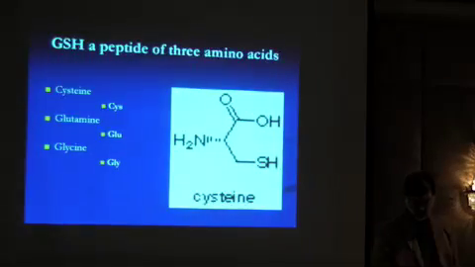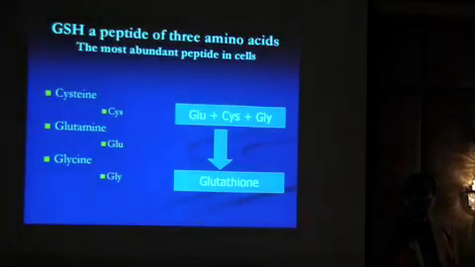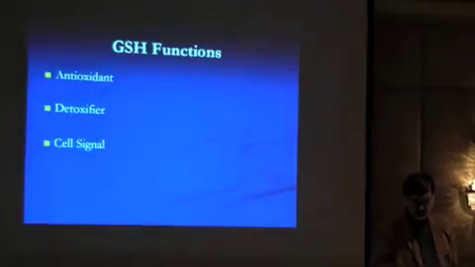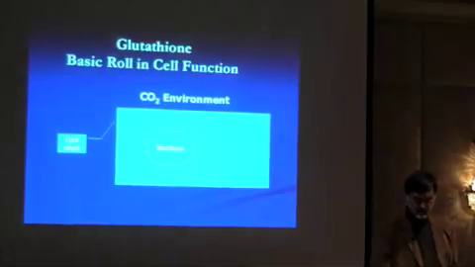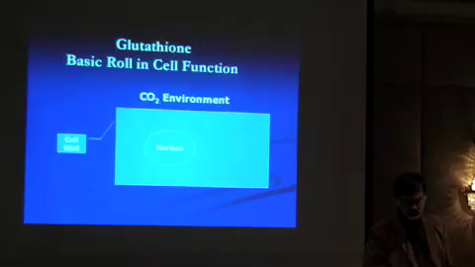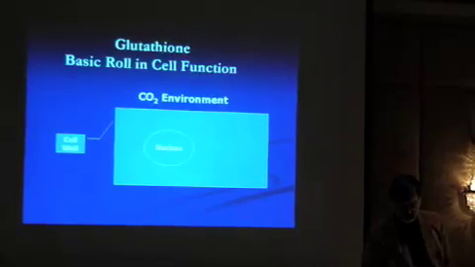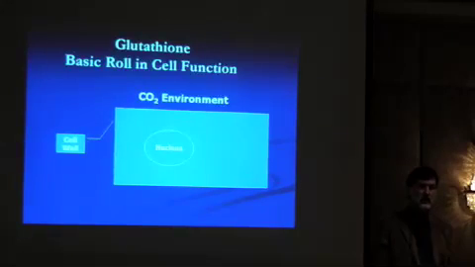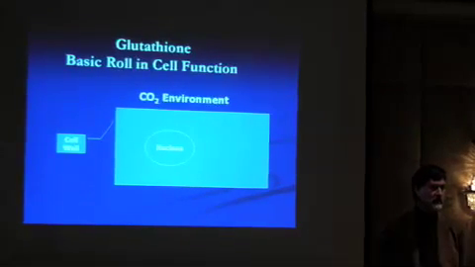So here's the cysteine molecule with the sulfur group. They combine to form glutathione, and glutathione has a number of functions we're going to address. Why do we need glutathione? What role does it play? Well, back in time, apparently our world was in a different form than it is now.